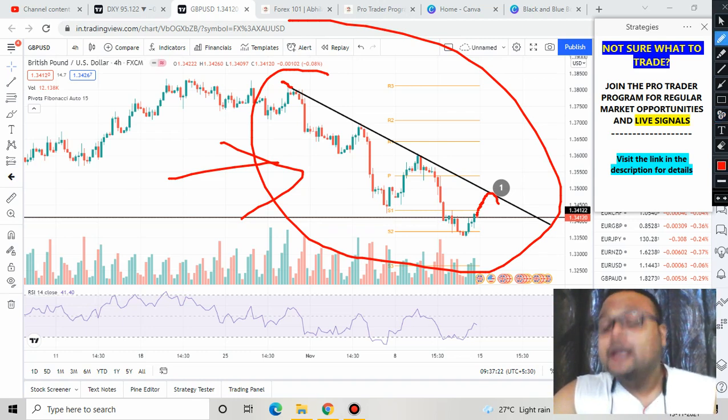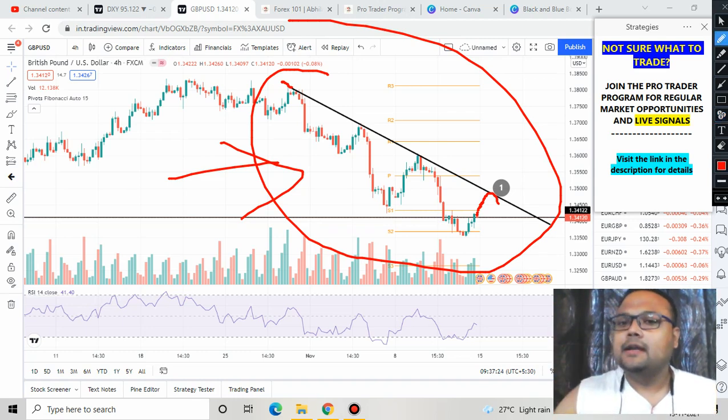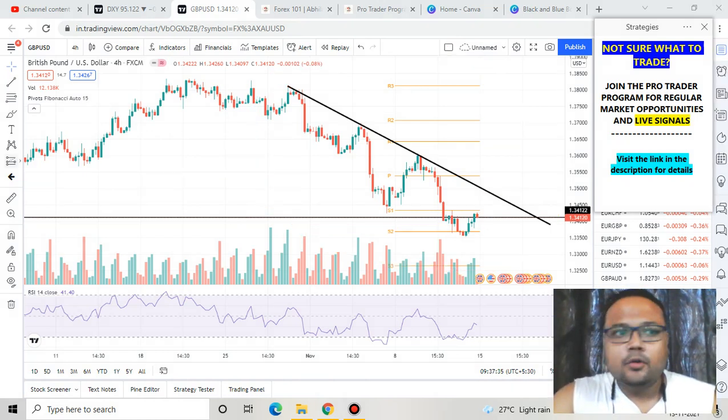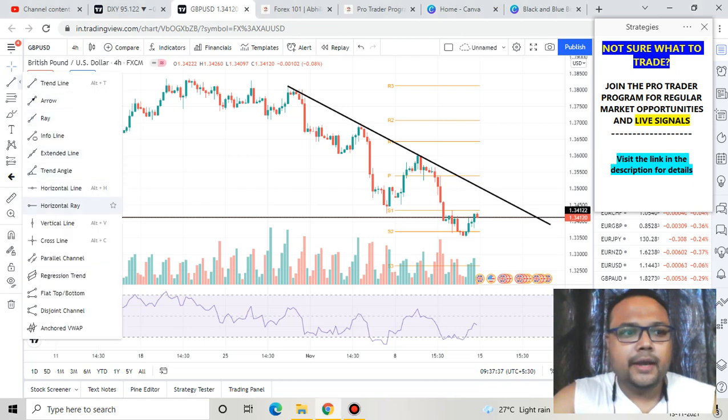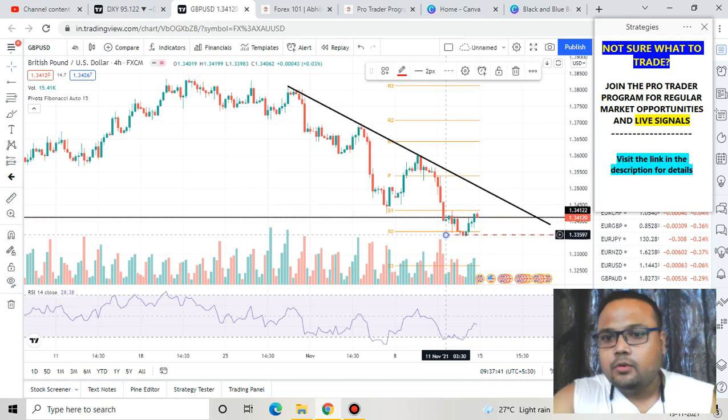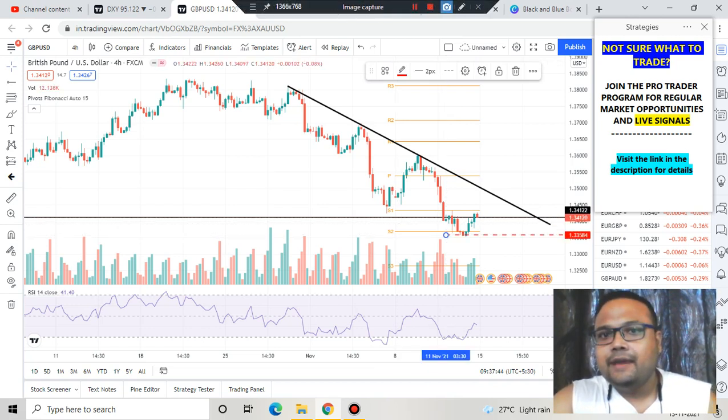On the other hand, if the market fails to go up and starts going down again, if the selling pressure continues in the market, then you can wait for the market to break the level of 1.3350.